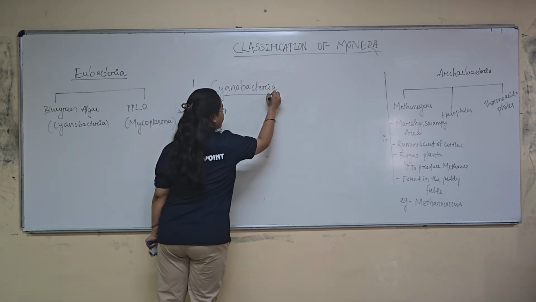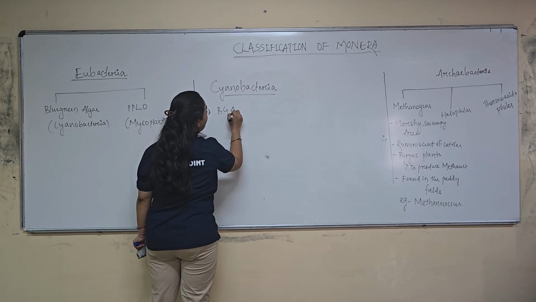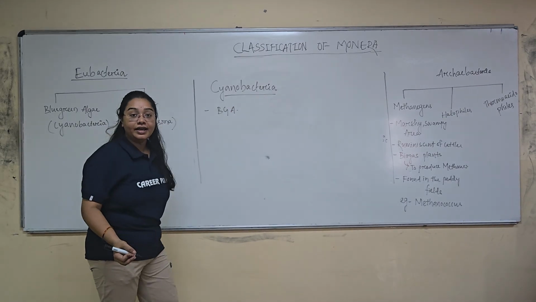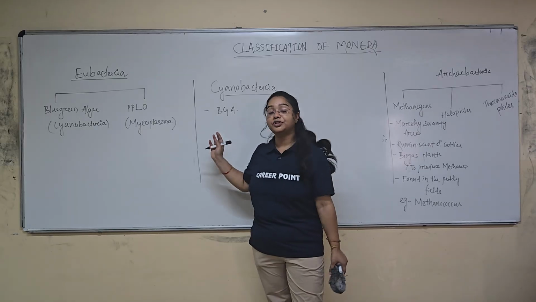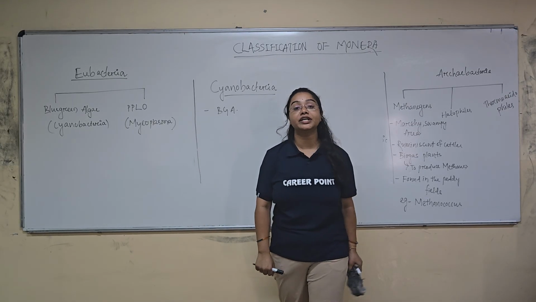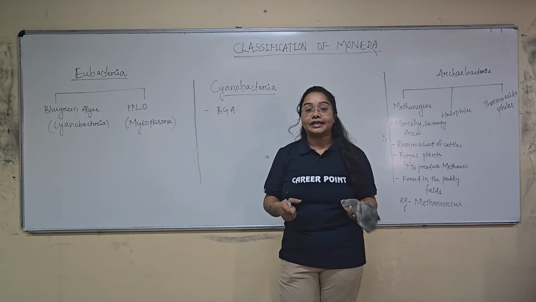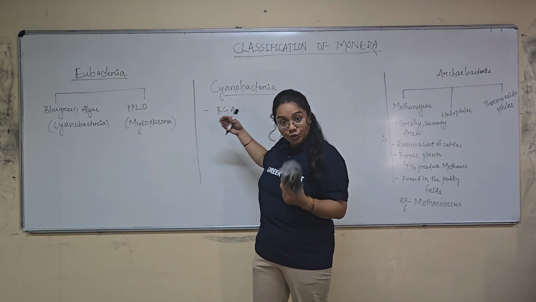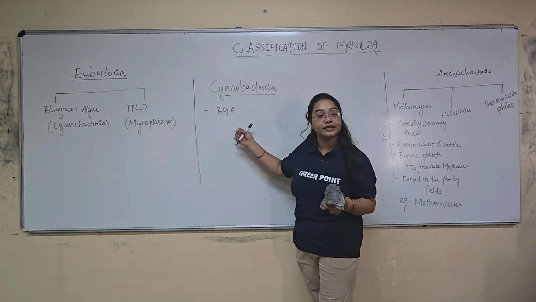This cyanobacteria is also called blue green algae. You will ask me, we have studied this in the algae chapter, so why are we studying this in the chapter on Monera? This algae actually is a prokaryote and it belongs to a group under the eubacteria. So we will be studying cyanobacteria here.